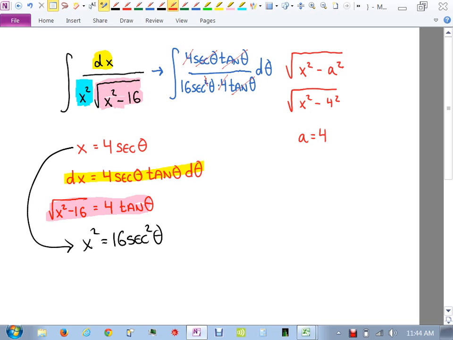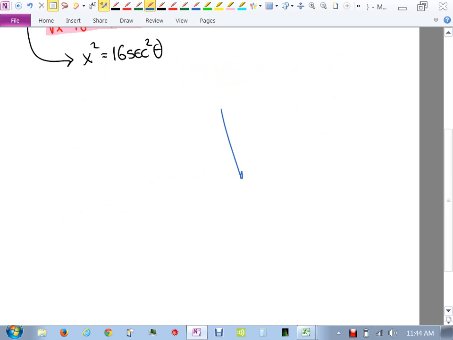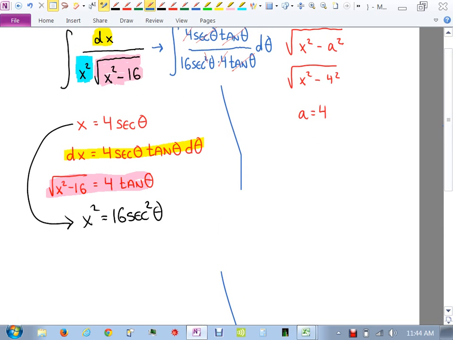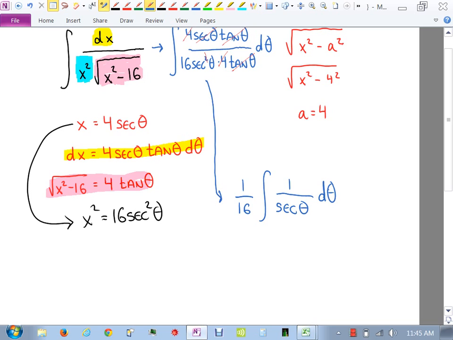And then on the bottom, a 16 secant theta. So I have 1/16. I'm going to pull the 16 out. 1 over secant theta d theta.